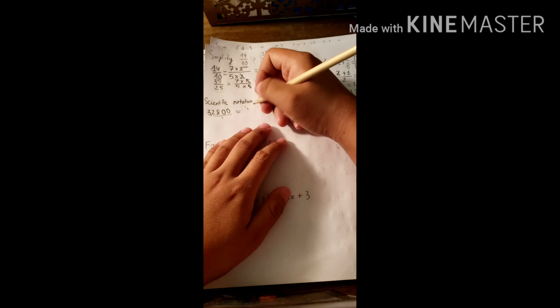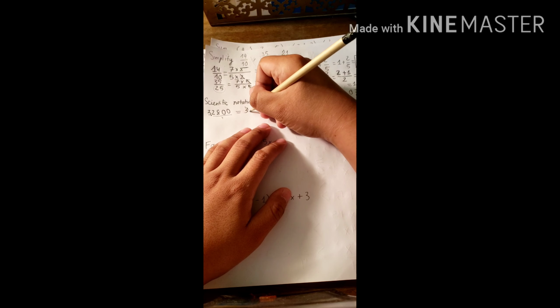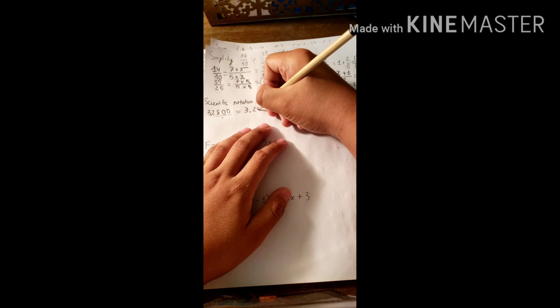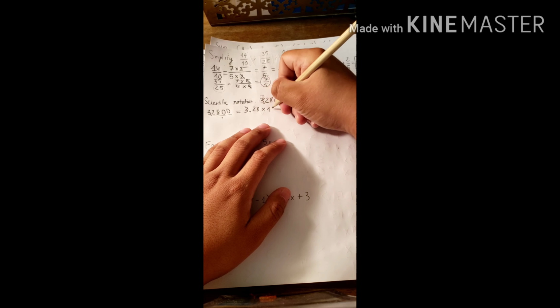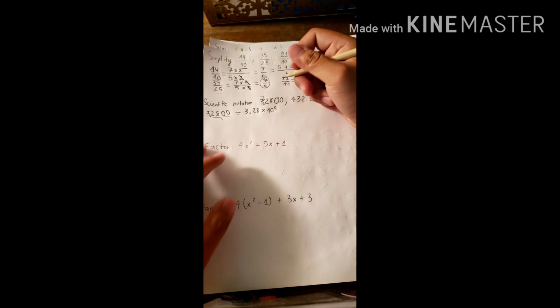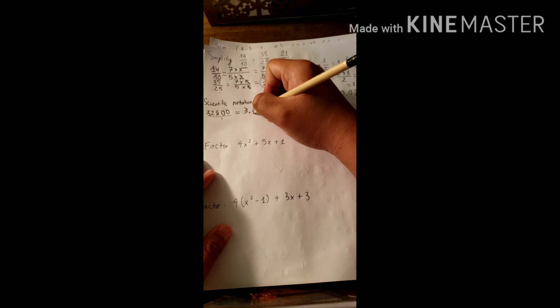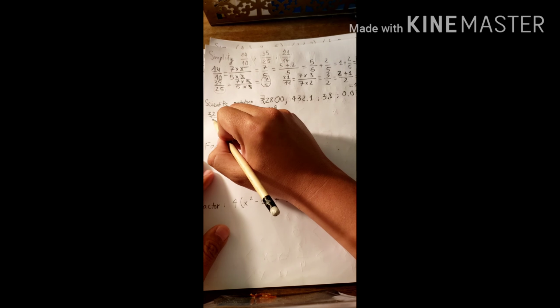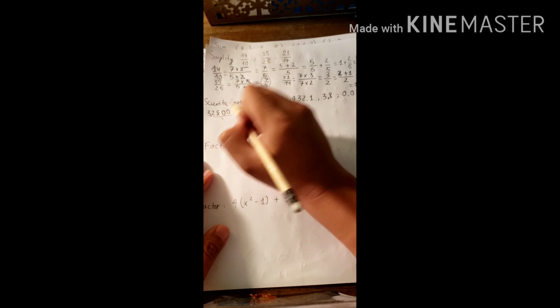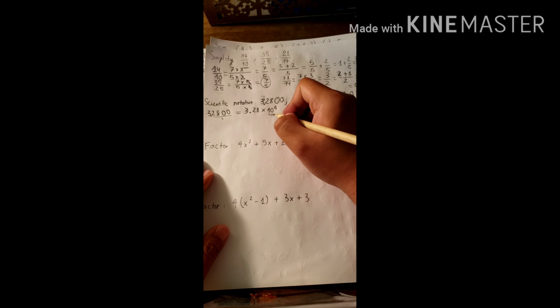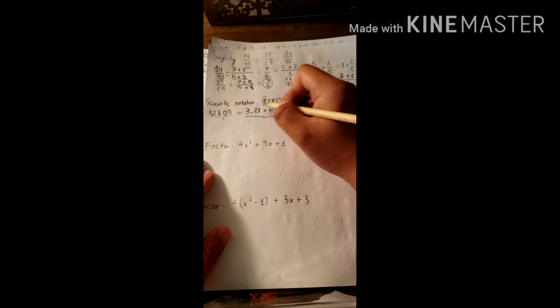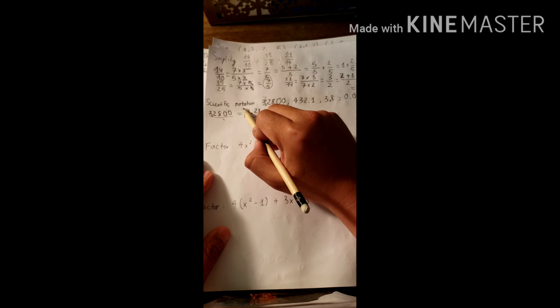So we can write 3.28 multiplied by 10 power 4, because when we multiply 3.28 by 10 power 4, it goes back to 32,800. That's why we need to write it like this. That's the first one. We need to know how to do the scientific notation.